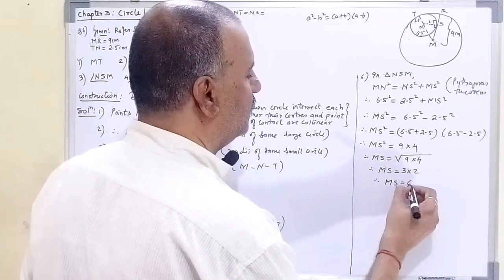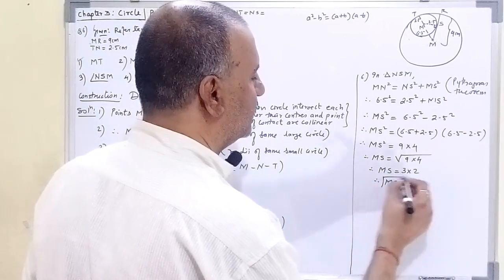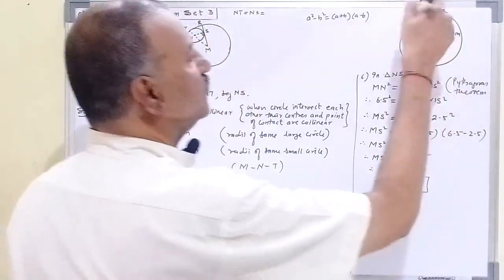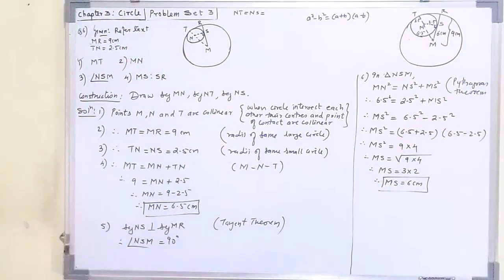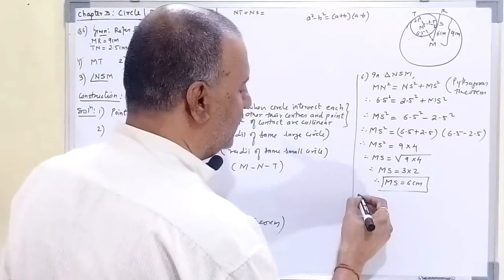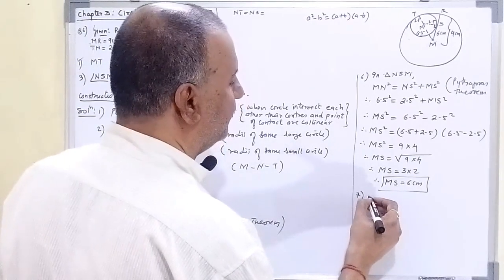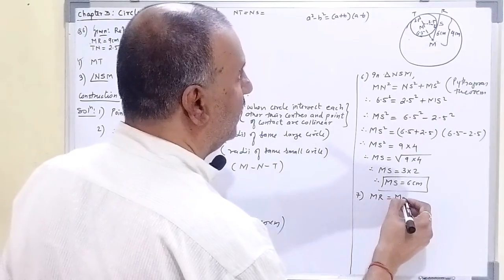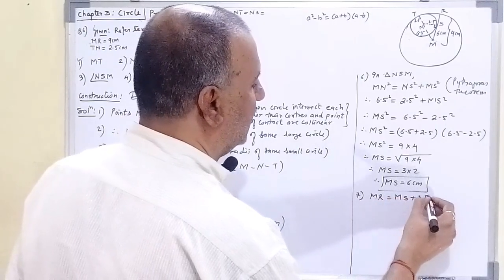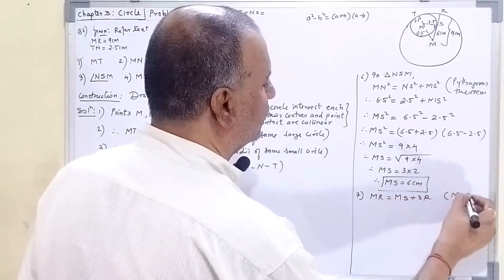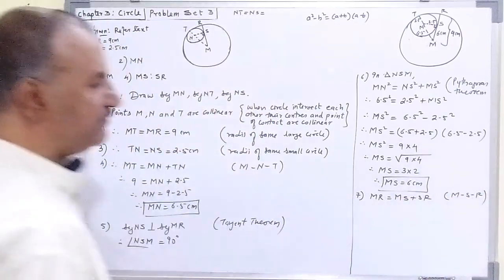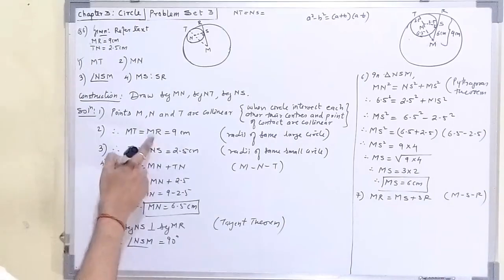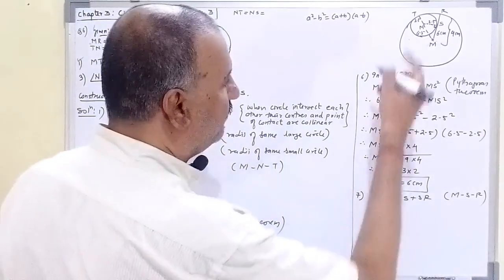MS equal to 6 centimeters. MS मुझे 6 centimeters मिल गया. So SR मिल जाएगा because MR is 9. So अभी statement number 7. MR equal to MS plus SR.